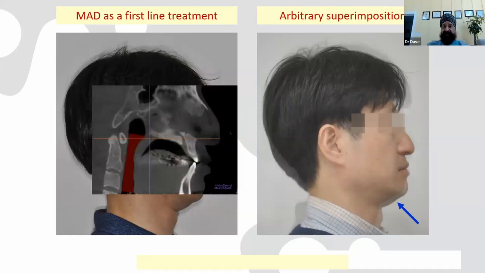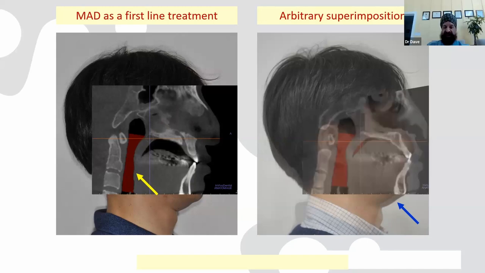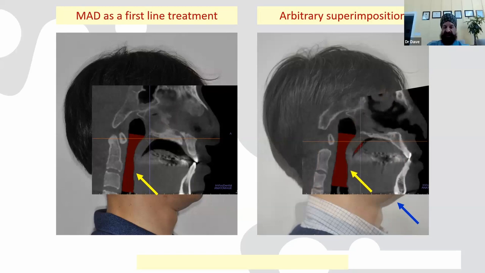So for the same patient, this is the cone beam 3D scan with nothing in the mouth, and you can see the size and shape of the airway here in red. And then the same patient, post-treatment, you can see how the airway has changed. You can see how the mandible has changed also. You see the tongue position has changed, but it appears to be an increase in caliber, cross-sectional area of that upper airway.